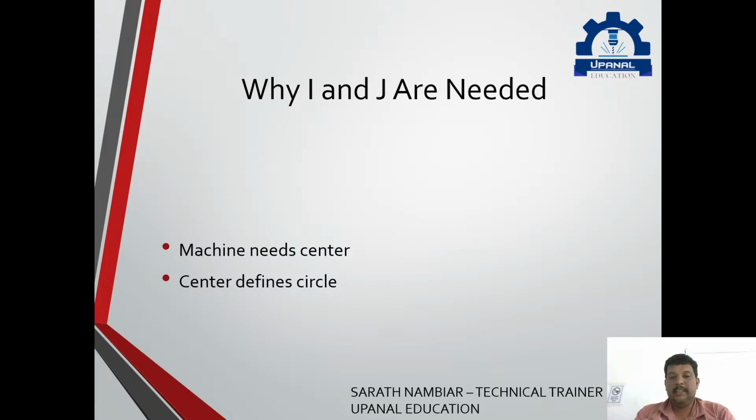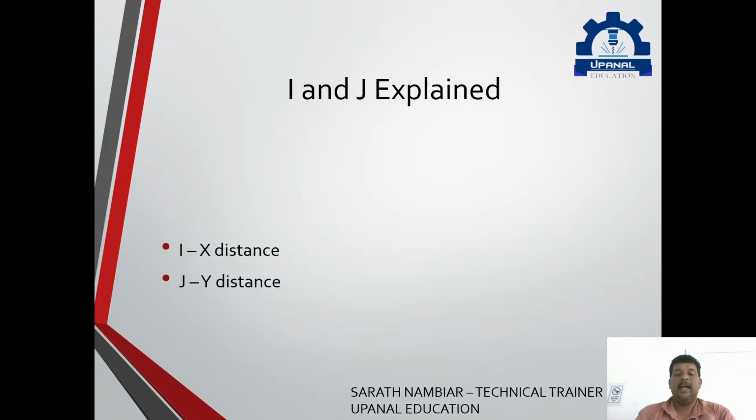A round needs a circle, and the center defines a circle. That is where we use I and J. I will always be the x distance, and J will be the y distance.